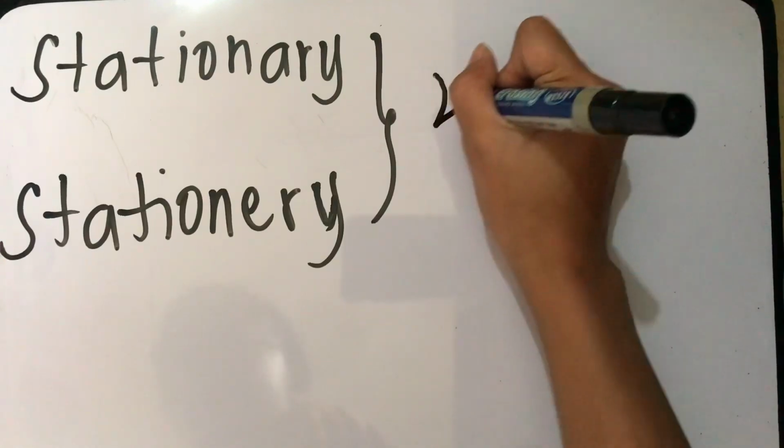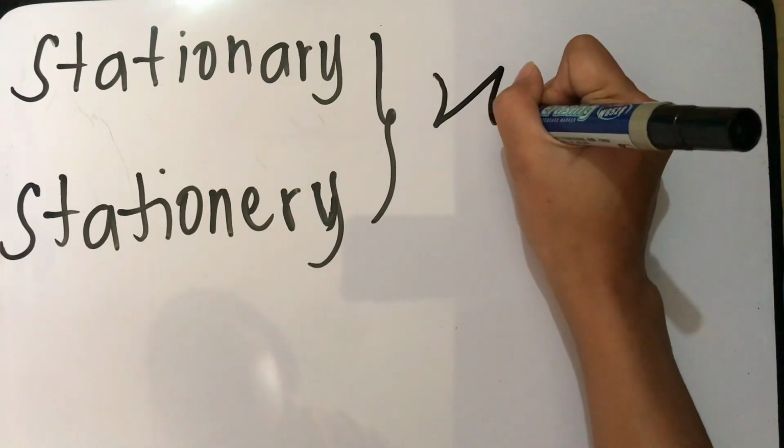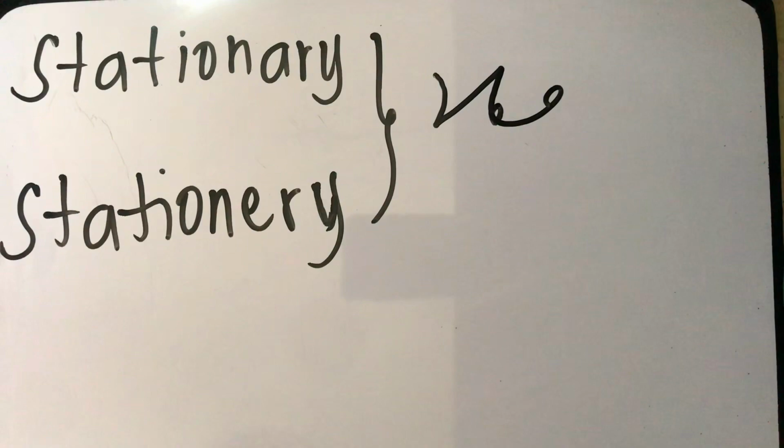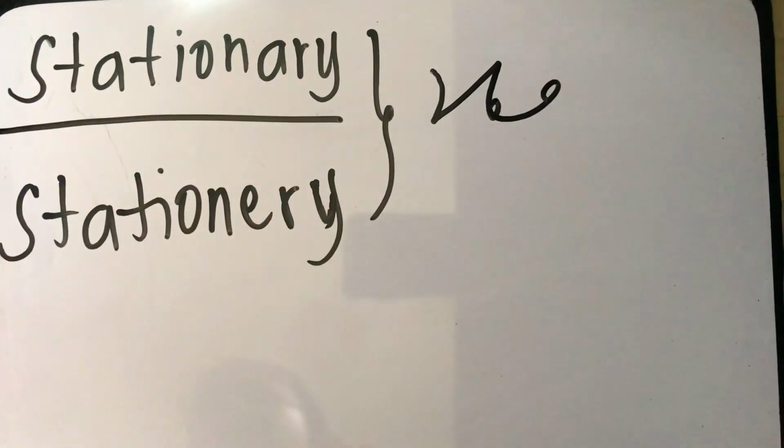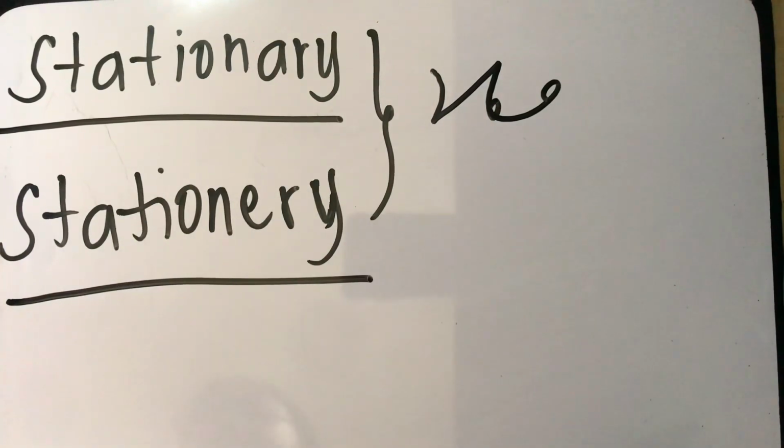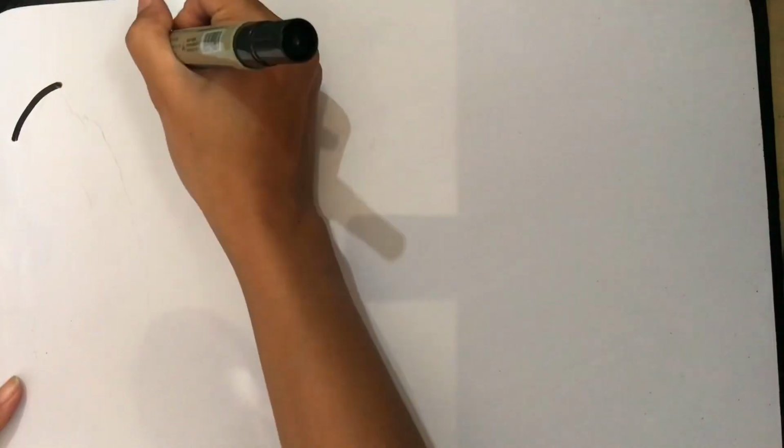They are written like this. So stationary is fixed or not movable, while stationery is writing materials. Let me give you an example.